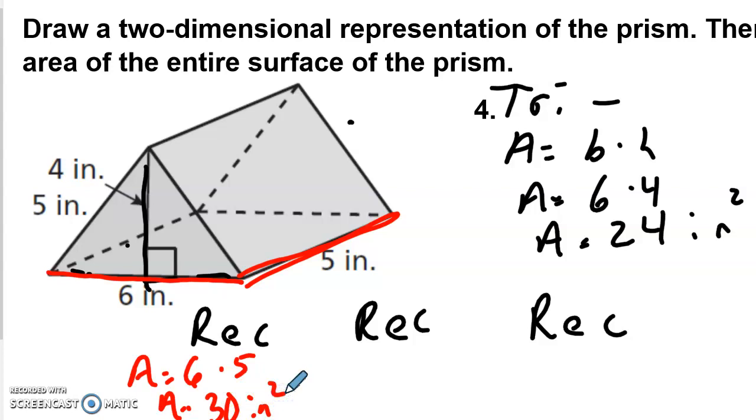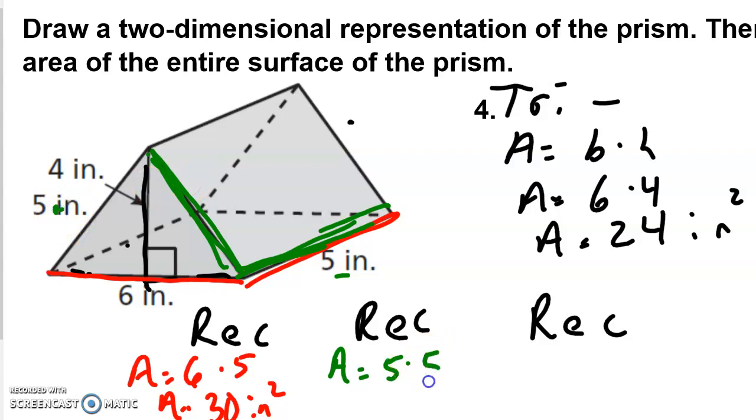So there's the bottom part of it. Now I've got a side right here. So you can tell already that one of my numbers is going to be 5, because that's this. This diagonal is the same as this, so it's going to be 5 by 5. So that means that this rectangle right here is 25 square inches.